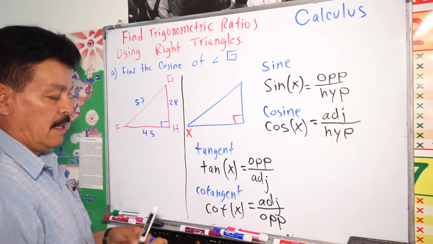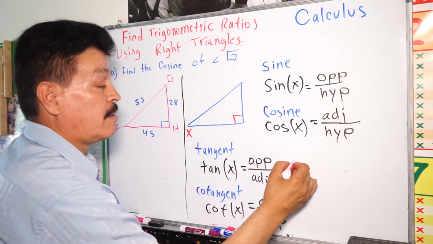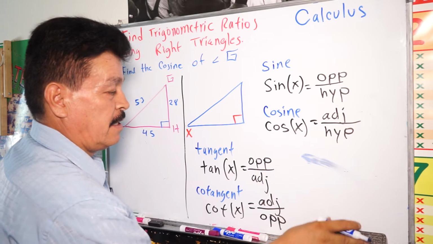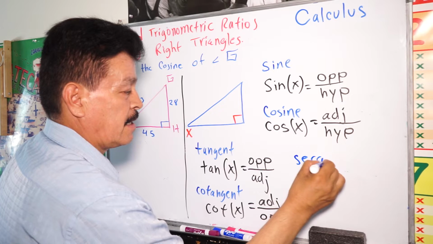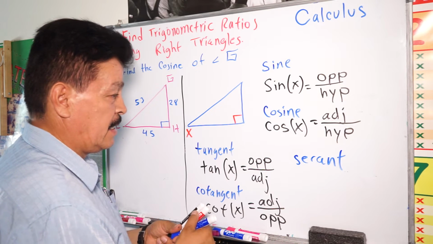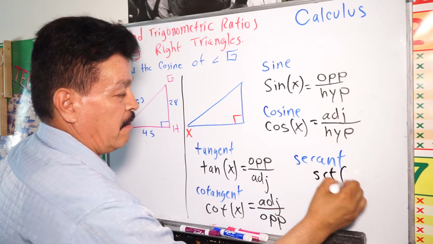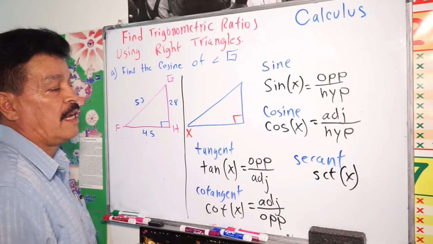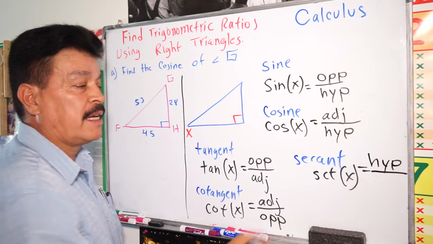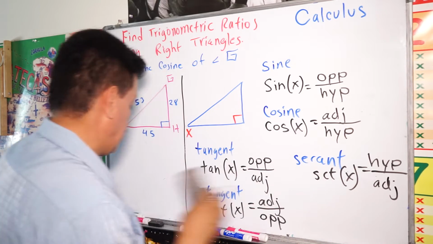Another concept here is secant. Secant of X equals hypotenuse divided by adjacent cathetus.